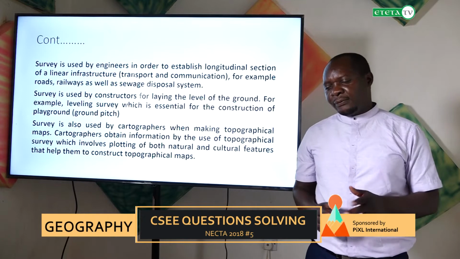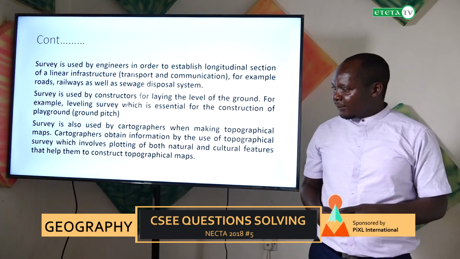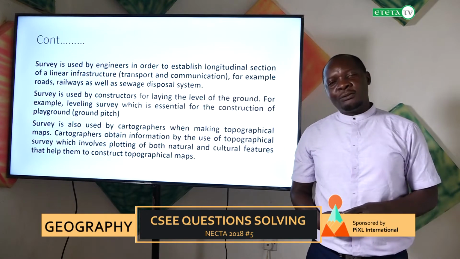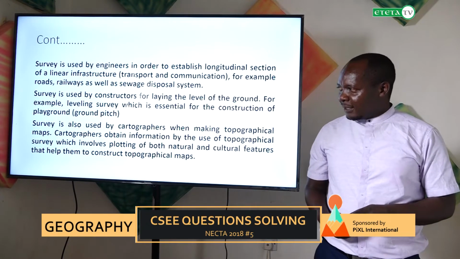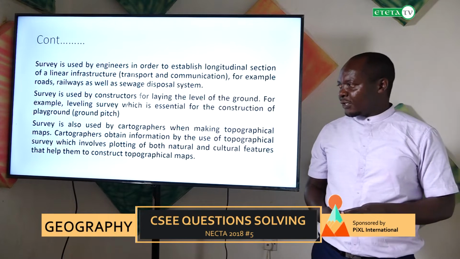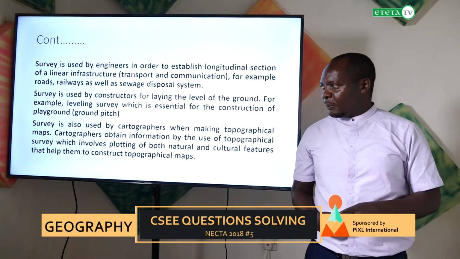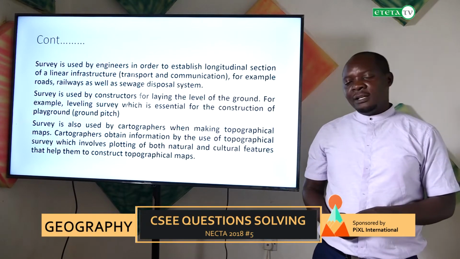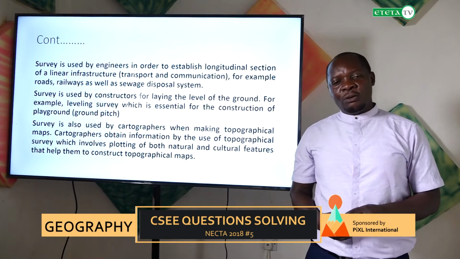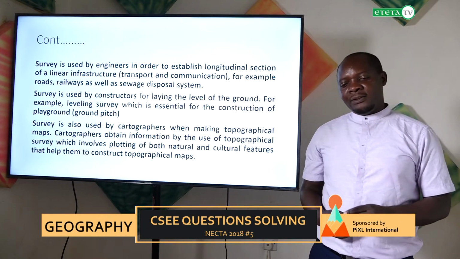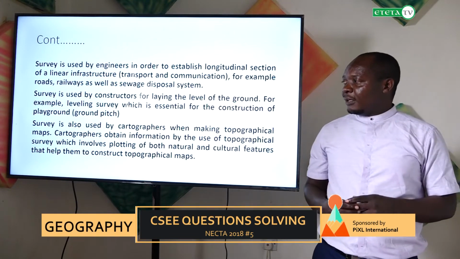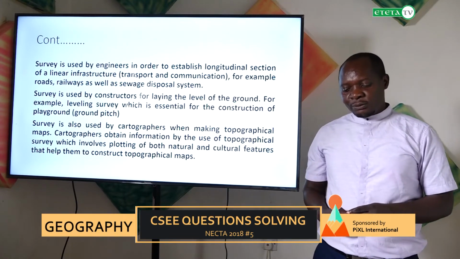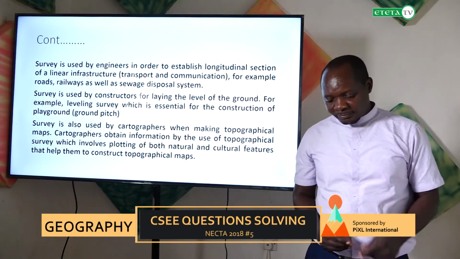Then after identifying them, these cartographers are able to draw topographical maps. So survey is very essential when establishing or making maps.